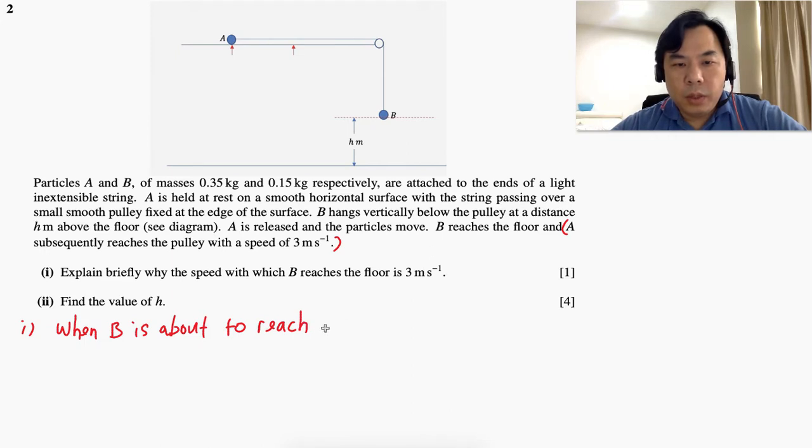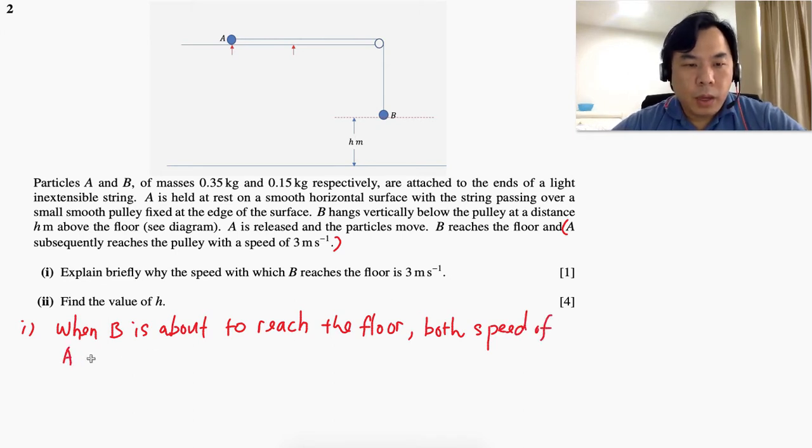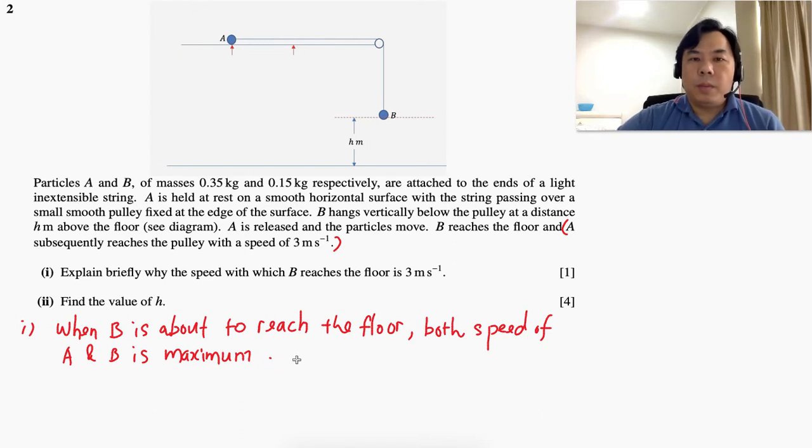When it's about to reach the floor, both the speed of A and B is maximum while the string is still taut.